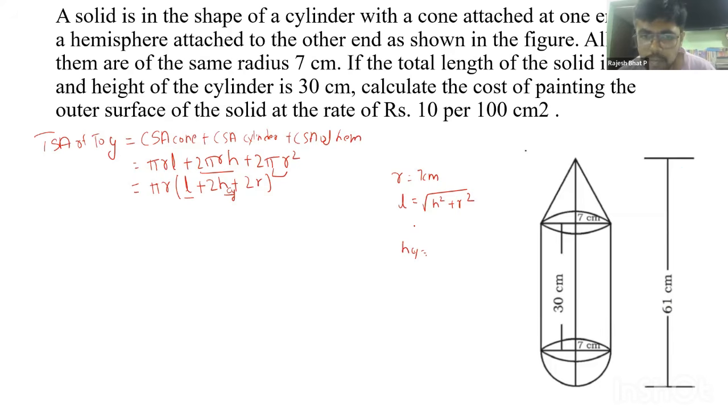Now firstly let me find the slant height. H square. What is this h here? This height, we have to subtract. This is the cone, right? I have to find the height of the cone. This is the radius, 7 centimeter. Total is given, 61.